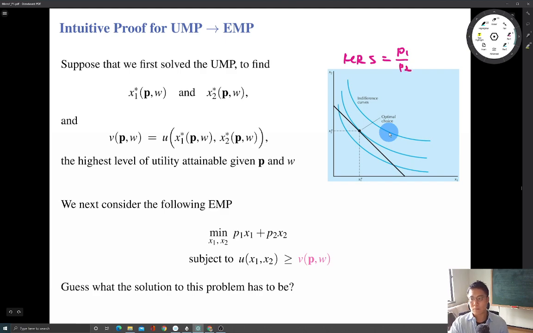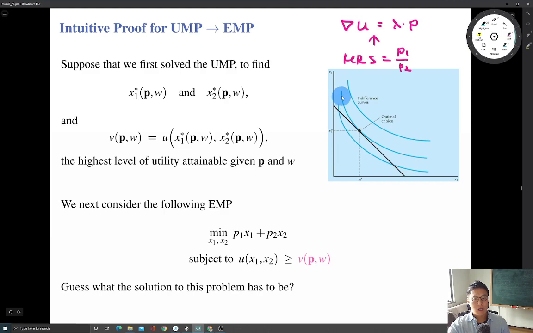Extending to L commodity space, this is going to be the gradient of U equals lambda times P. So we know that at the optimal choice, some indifference curve will be tangent to the given budget line. That is how we determine the Walrasian demand in the UMP in case of two commodities.